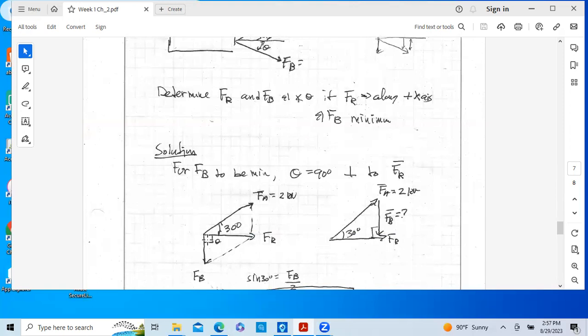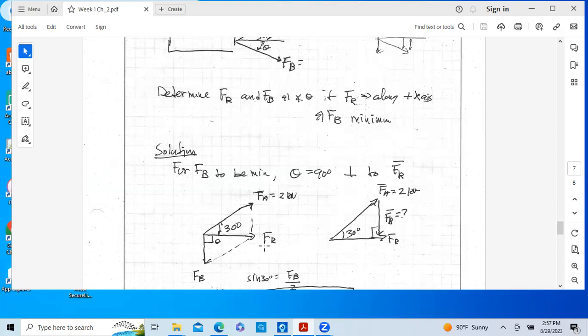So this ends up being the resultant force, okay, along the x-axis, F sub r. This is the force, the first tug, in kilonewtons. So we know this force.